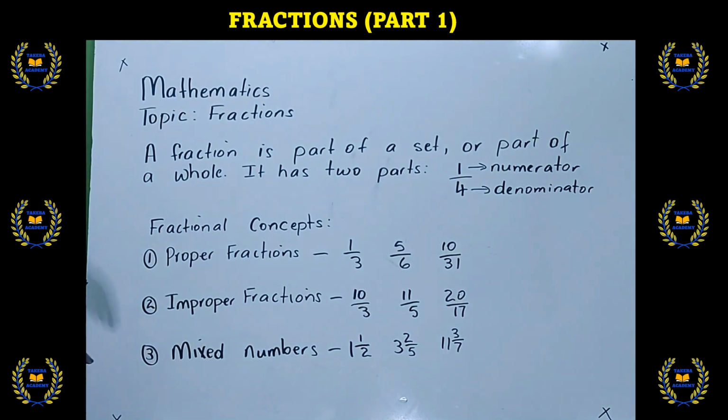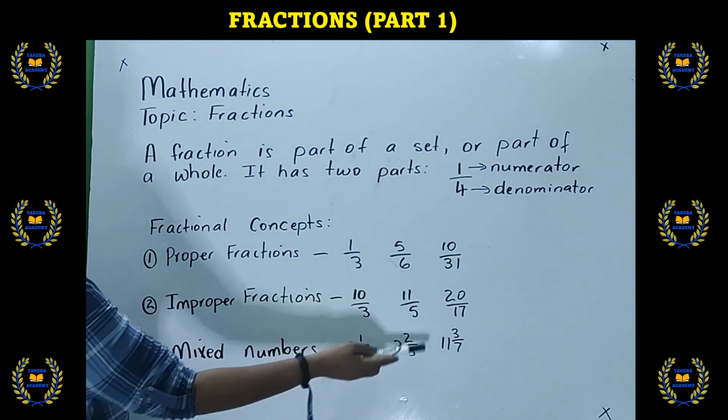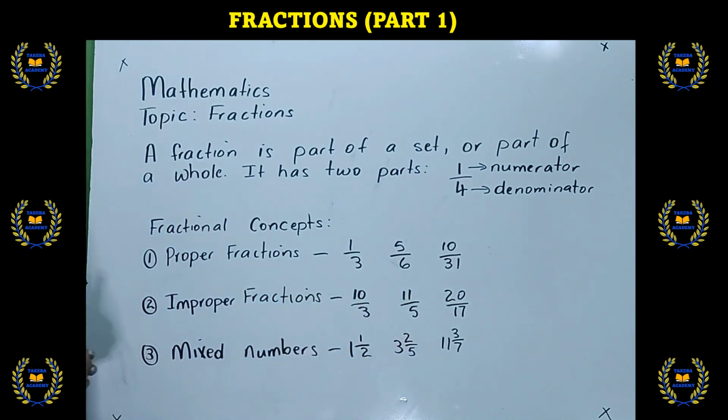So that's not the way fractions are usually written. As we said, it's not a proper fraction, because if it's a proper fraction, the number at the top should be smaller. So we call this one an improper fraction because the number at the top is larger. Again, the next example, 11 over 5, and then 20 over 7.